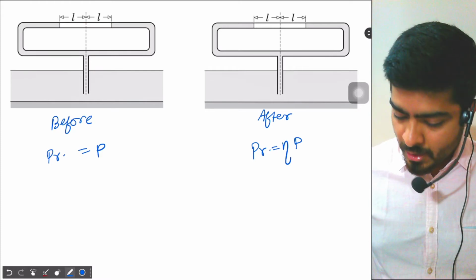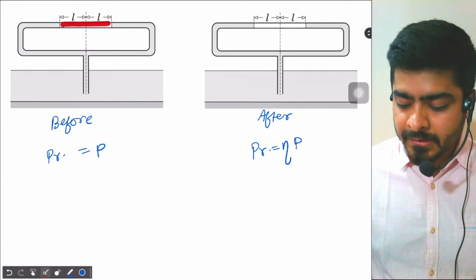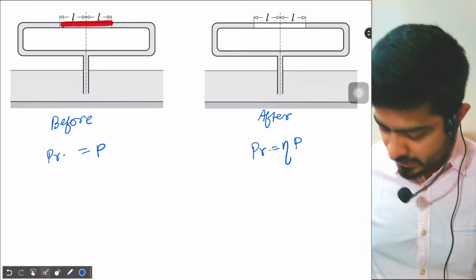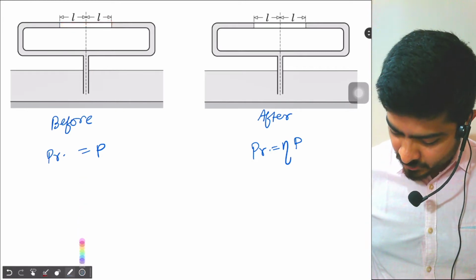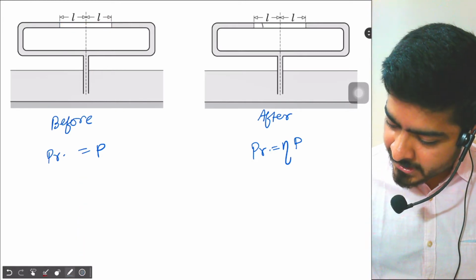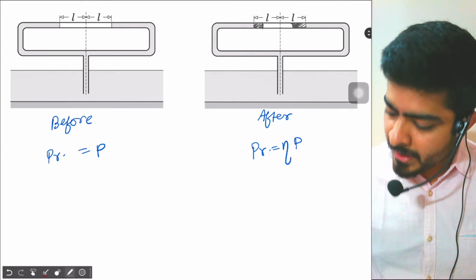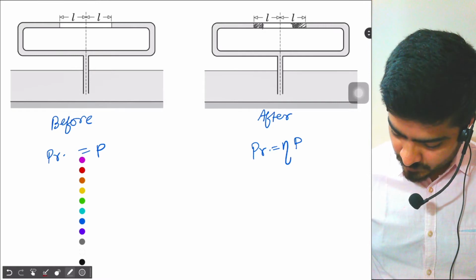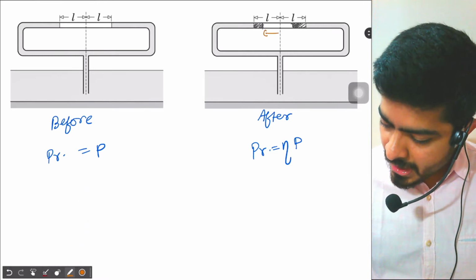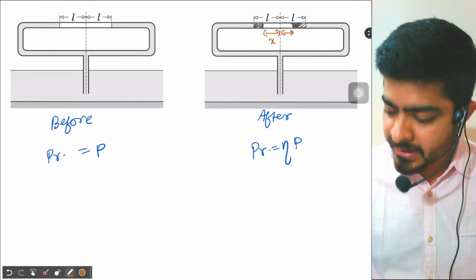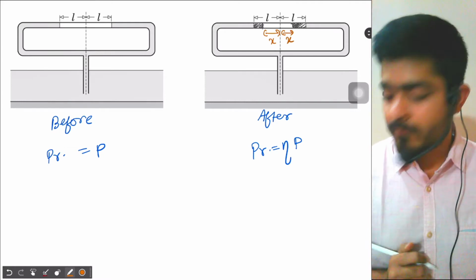Now, here the total length of the air column is 2L, and in the after case, the total length of the air column will be actually less than that. Why? Because pressure is increasing, and under isothermal condition, if pressure is increasing, volume should decrease.